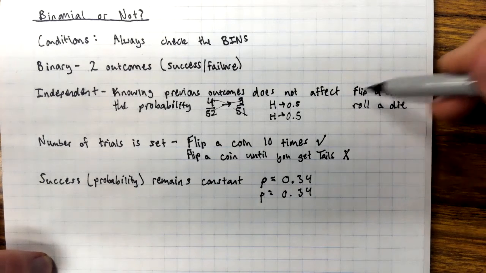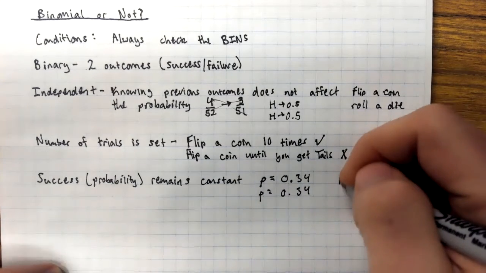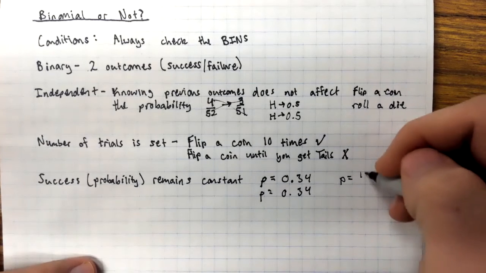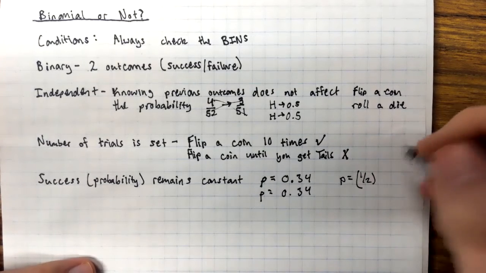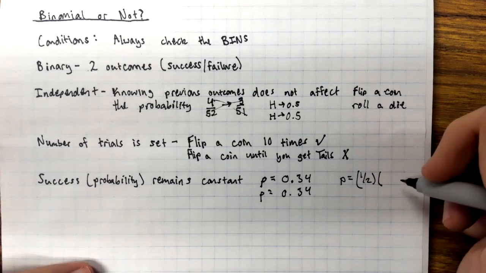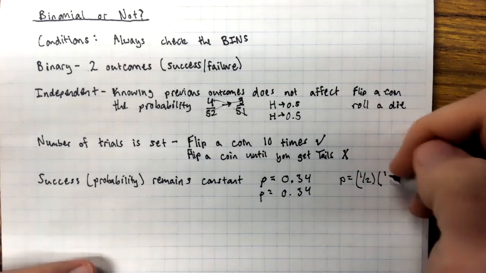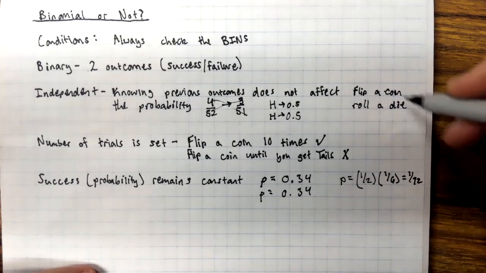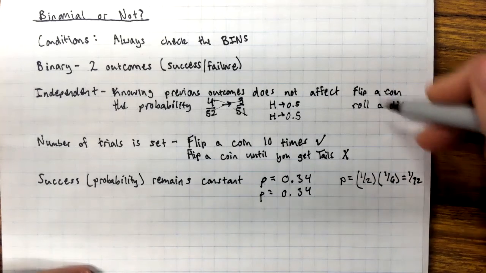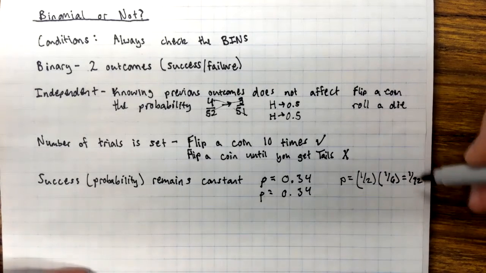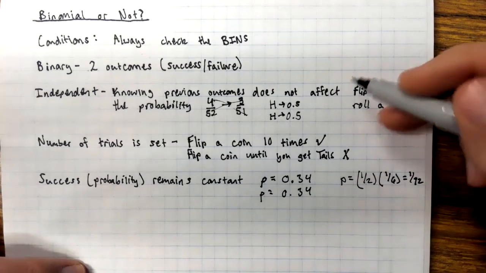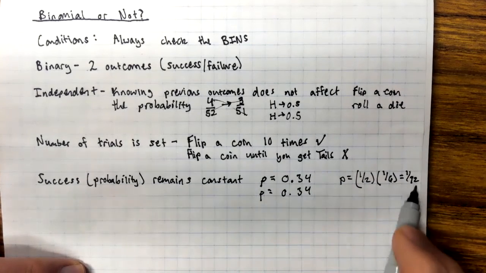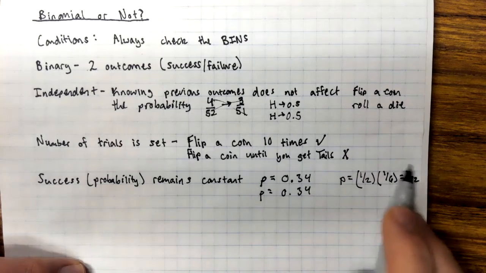The probability of success in this case would have been 1/2 for getting tails. Maybe I said heads earlier, I don't remember. And then 1/6 for rolling a 1. So every time I perform this random process, my probability of success is 1/12, making it okay. Again, we just need to have these events be independent, and the probability of success has to remain constant every single time you run the trial.